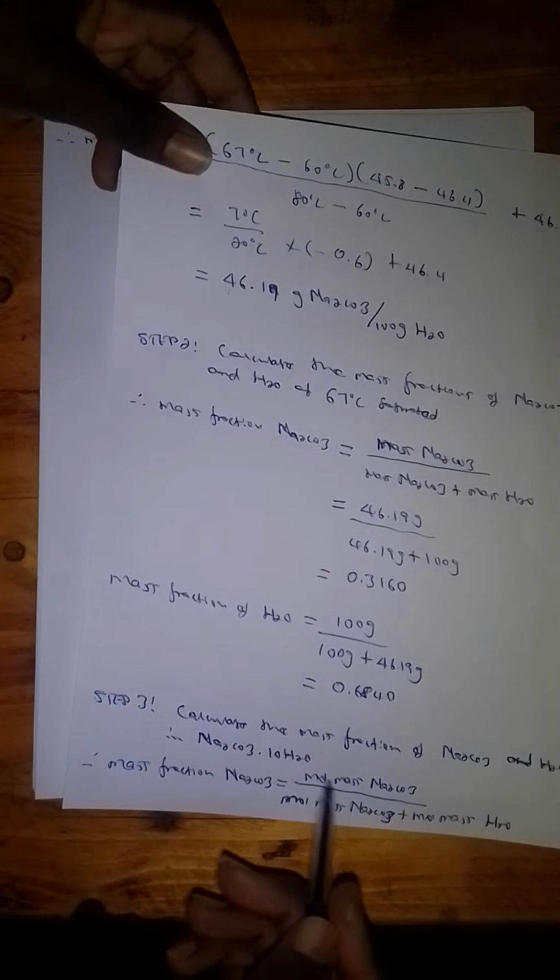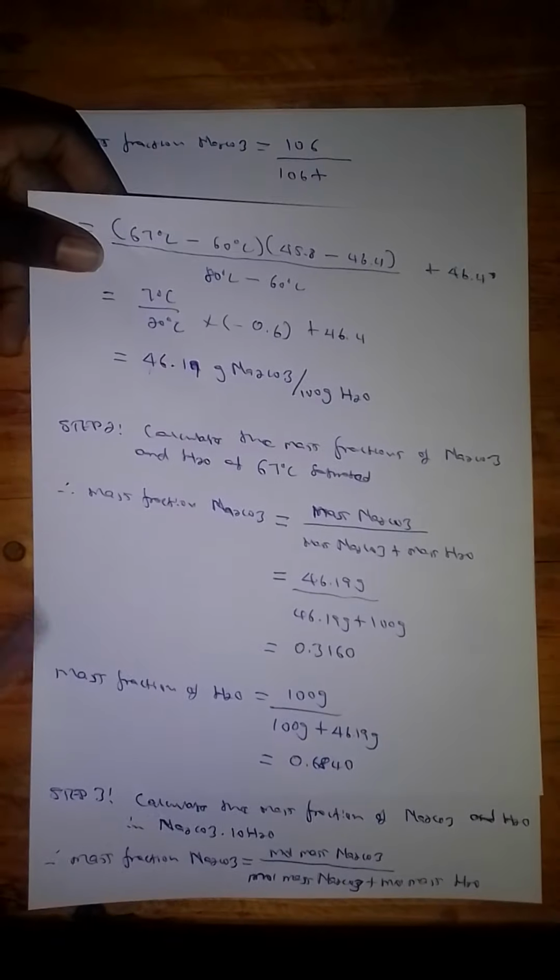Therefore, mass fraction of Na2CO3 is equal to the molar mass of Na2CO3. You will find it to be 106, whether grams per gram mole, pound per pound mole, kilogram per kilomole, whatever it might be. So I'll just keep it as 106 without units, all over 106 plus the molar mass of H2O, which is 18, but you know there's a 10 here.